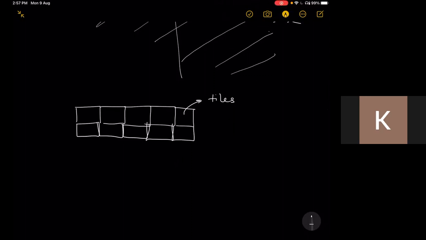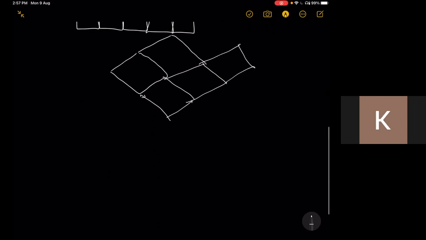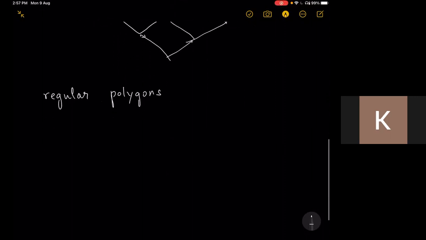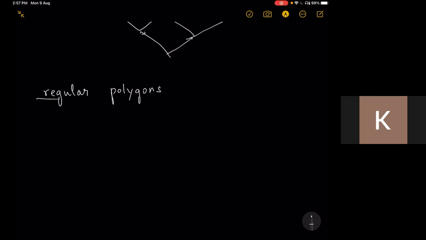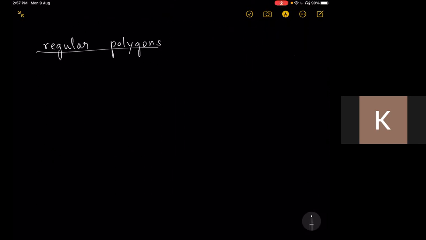Or you can tile like this also, right? So if I have only been given regular polygons, meaning all their sides are equal and all their angles are also equal, to tile this entire plane, what are the polygons you can use?